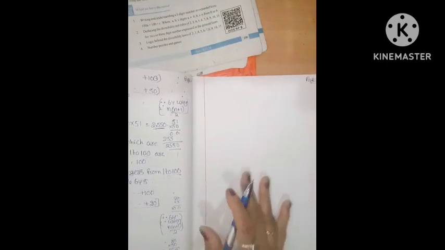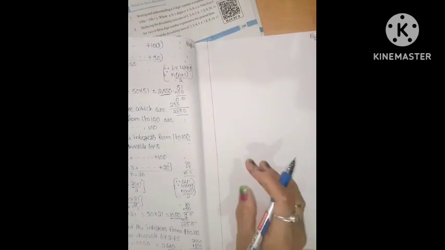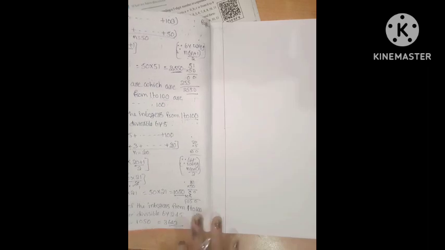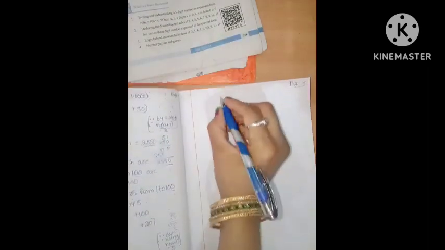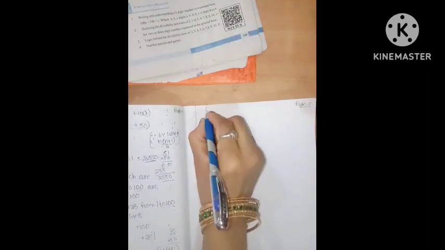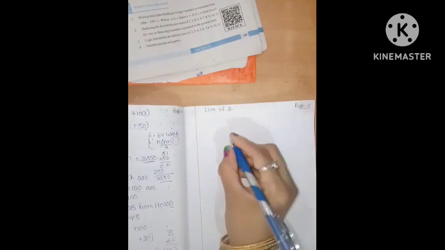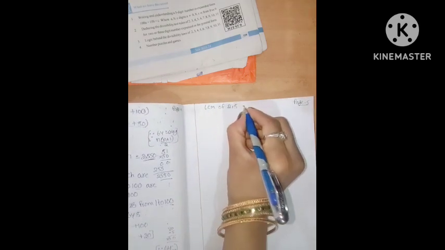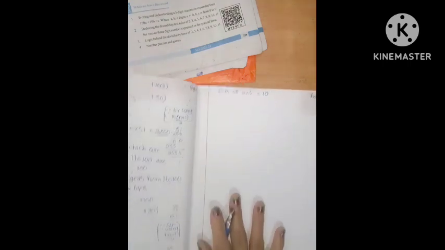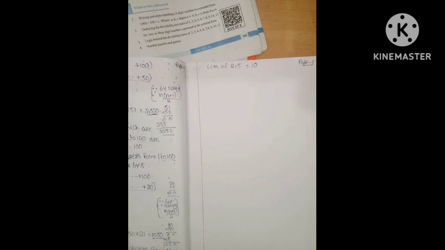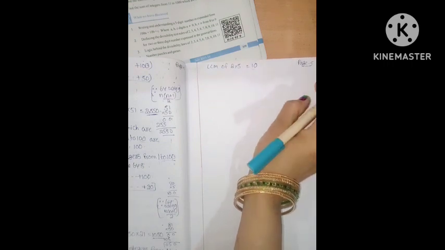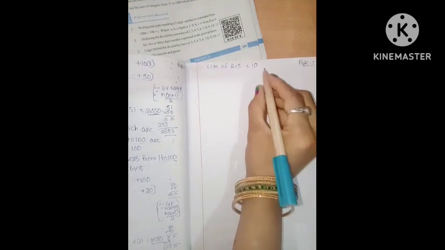Okay. Next, subtracting the 10 multiples. First take the LCM of 2, 5, which equals 10 only. If any number is divisible by 10, it is also divisible by 2 or 5, we know that.